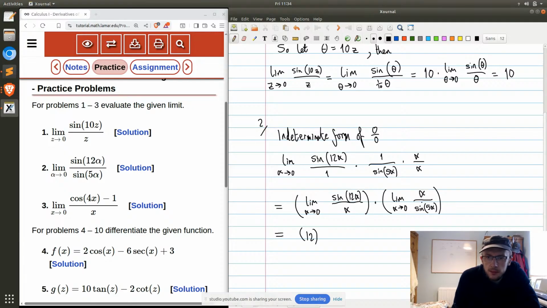And for the second one, I do not see how it is not simply 1/5. And thus it's 12/5. But we're about to see.